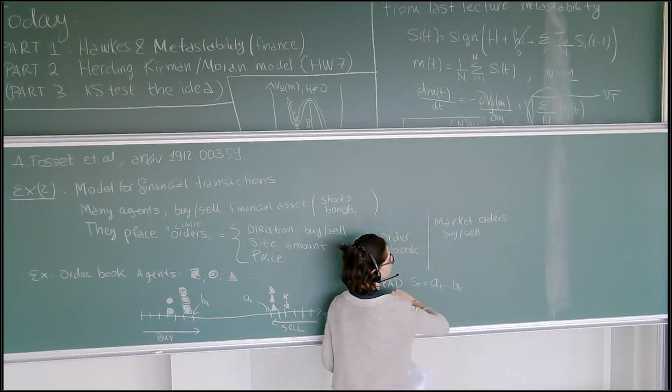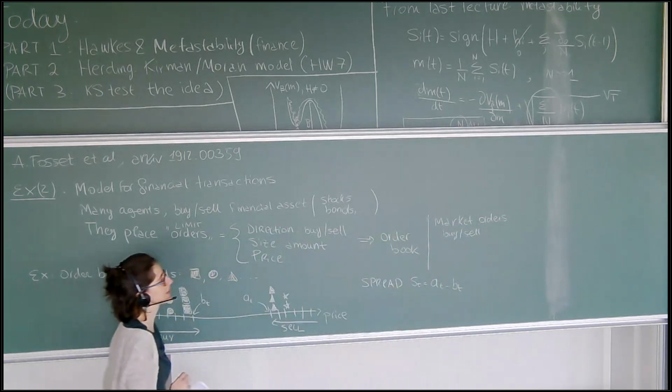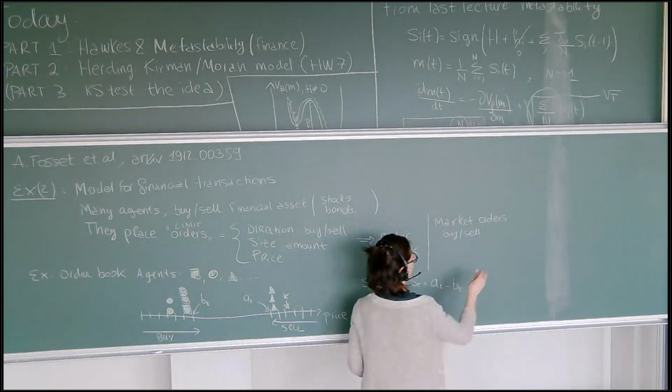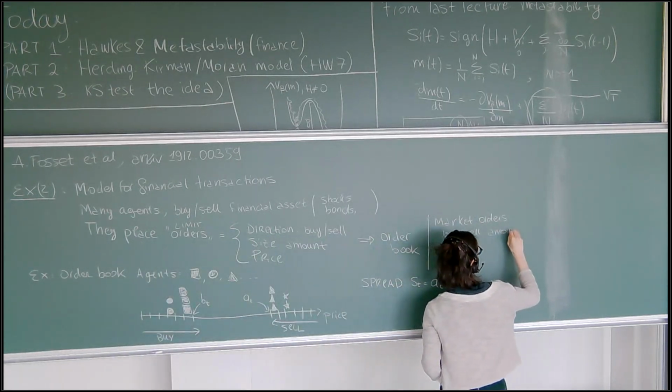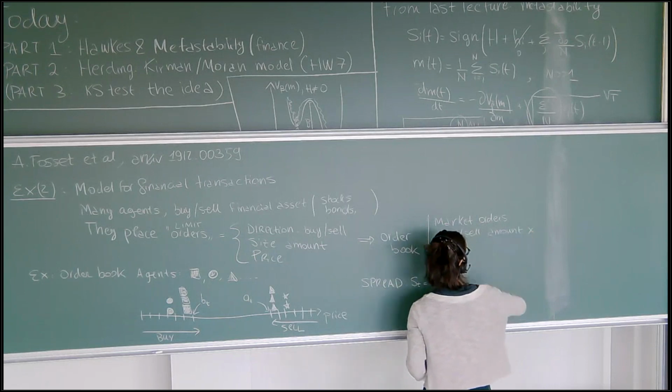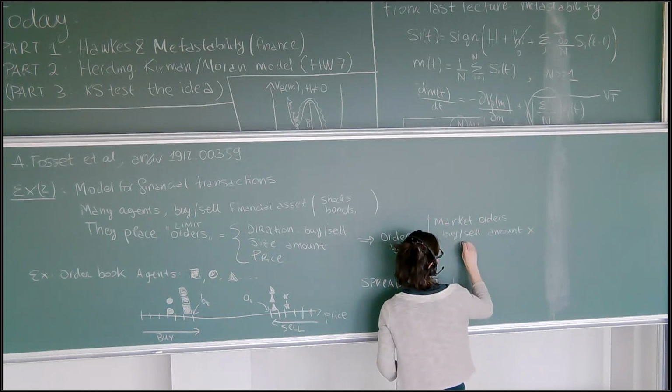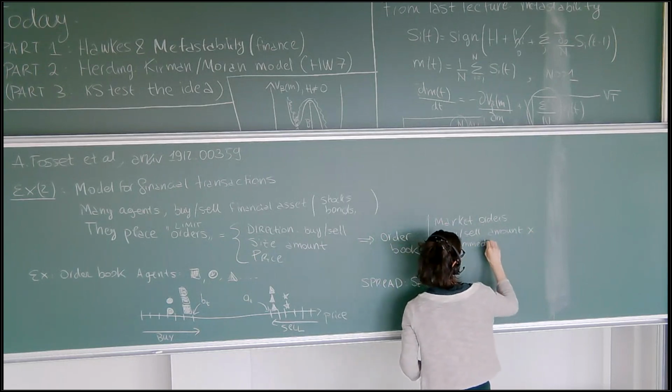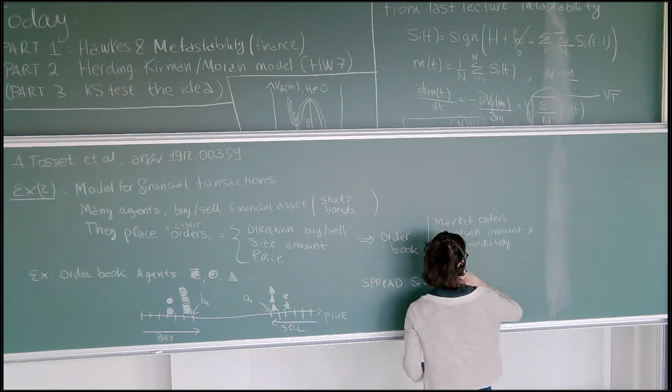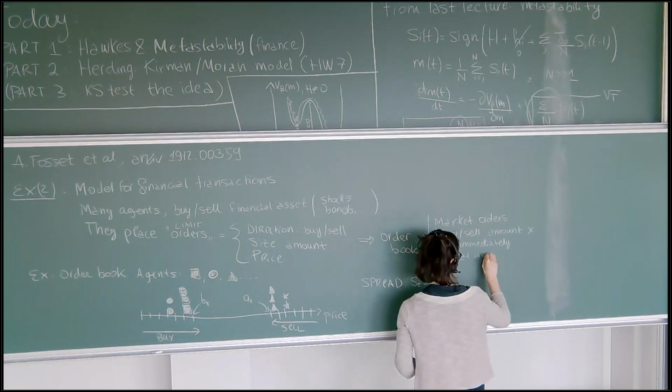So when you place a market order, what you're saying is that you want to buy or sell a given amount X immediately at any price.